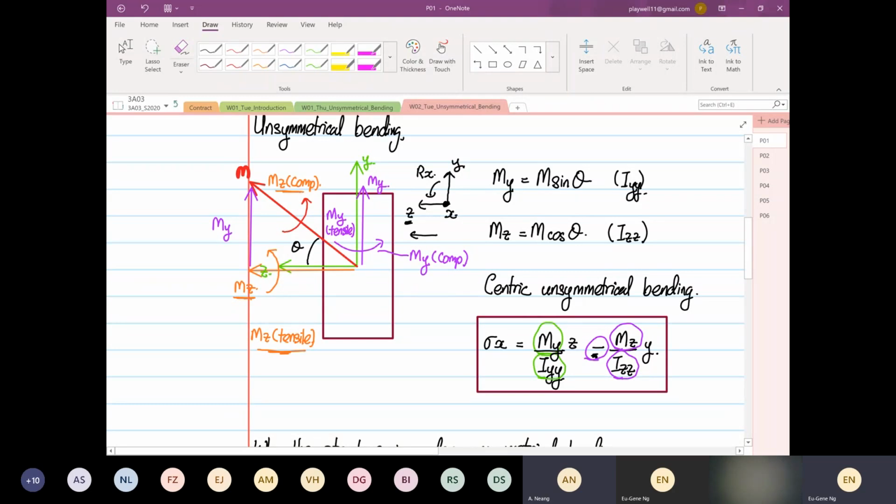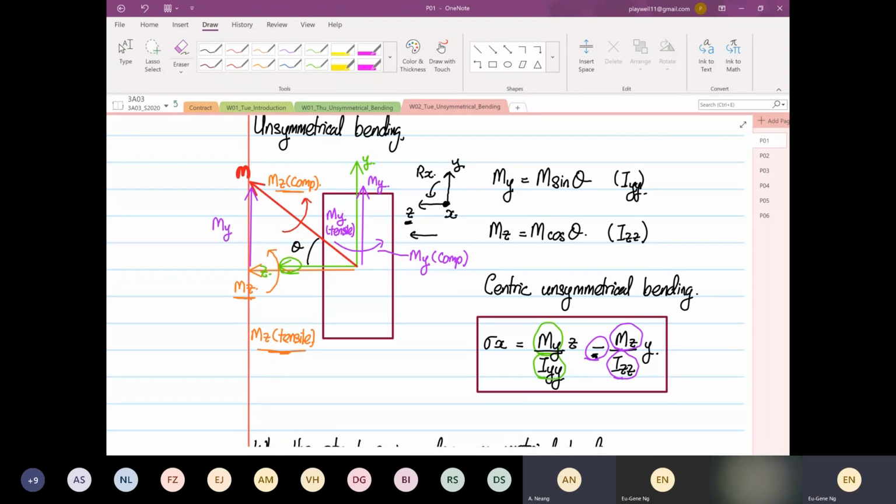Oh, so you're just marking the sides of it, not necessarily the structure? So this is relative to the neutral axis or the z-axis. It's relative to this z-axis over here. So above the z-axis, MZ is compression. Below the z-axis, MZ is tensile.